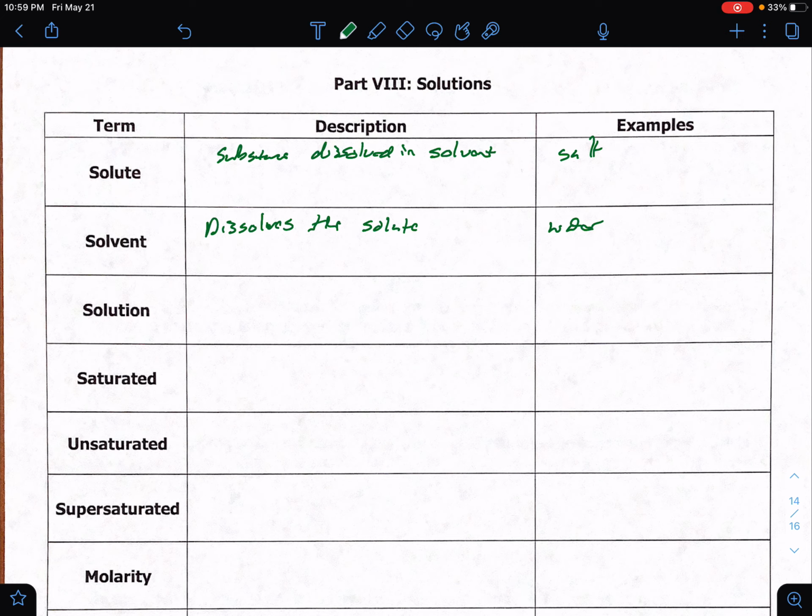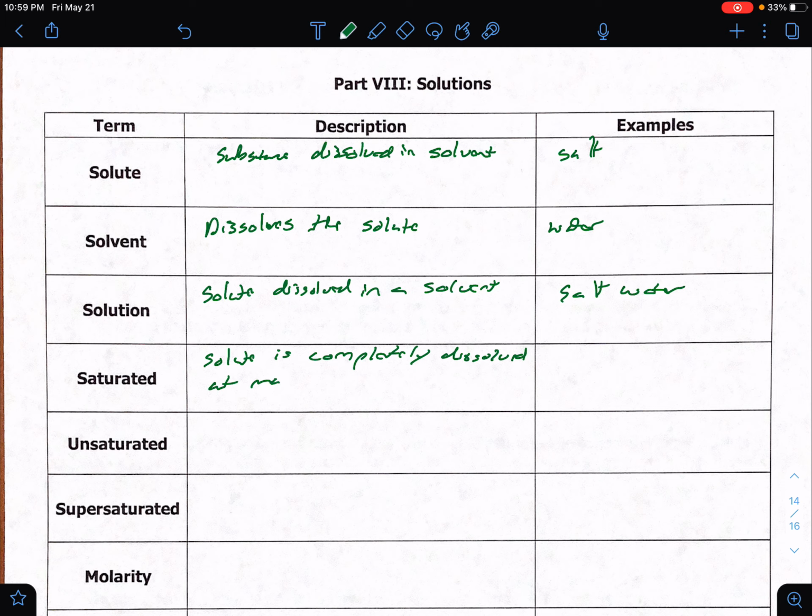Okay, a solution is just when you have solute dissolved in a solvent. So basically it's just a mixture. So that would be something like salt water. Okay, saturated, this is when solute is completely dissolved at the maximum possible amount.